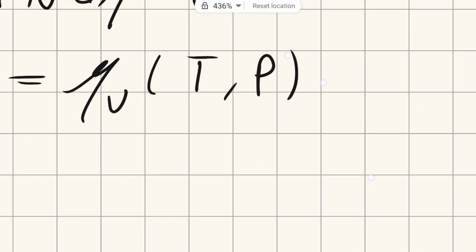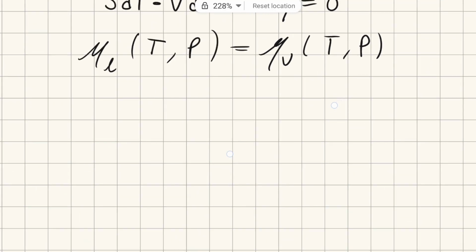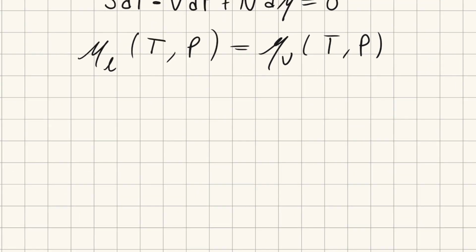Of course, in general, we could consider that the chemical potential of the vapor will be a function of the temperature of the vapor and the pressure of the vapor. But in this case, that temperature is just the temperature of the system, so we are just going to erase those indices.